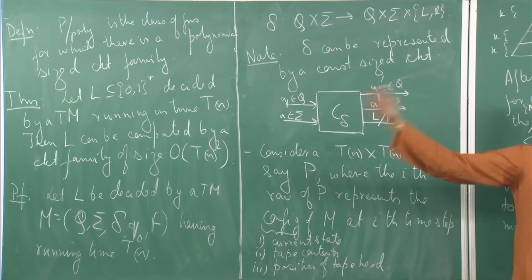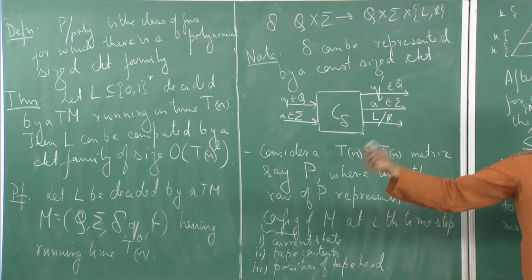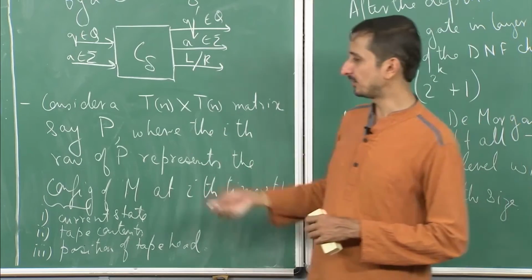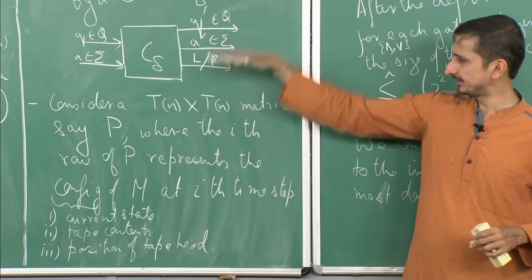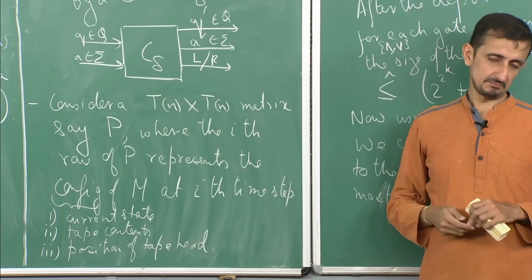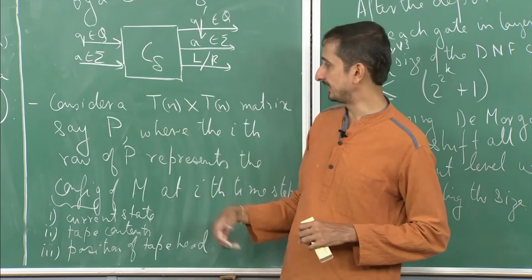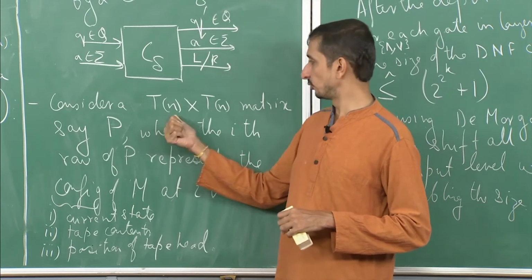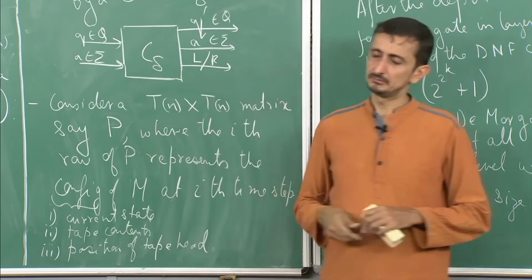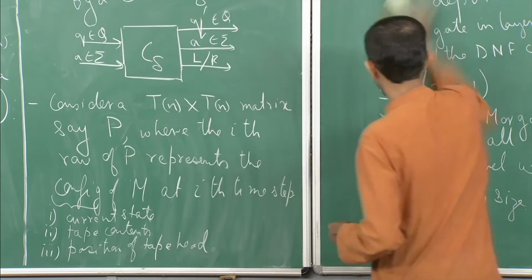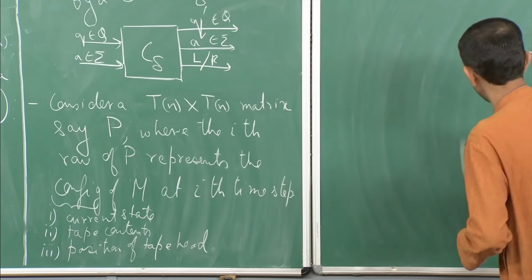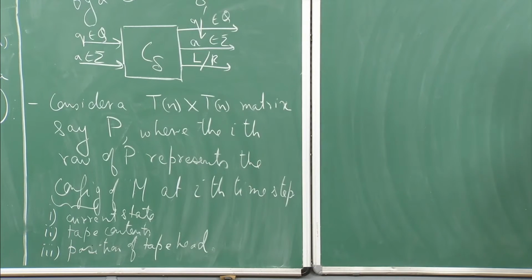You cannot write beyond the T of nth cell, because at every step you can only move by one step. And the number of rows is of course the running time, which is bounded by T of n, therefore the number of rows is bounded by T of n, and the number of columns is also bounded by T of n.